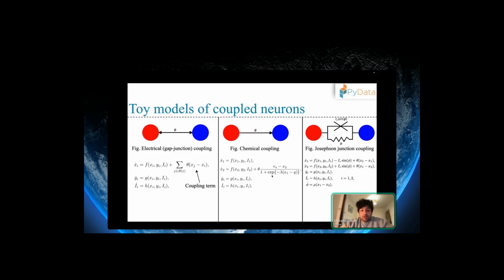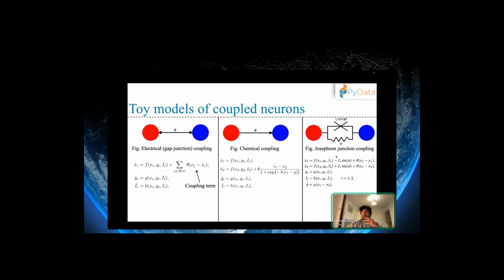It's a sigmoidal function that models the behavior of one neuron chemically coupled to the next. When I ran a time series analysis on the chemical coupling, it might give some unprecedented results as well, because, as I said, not all models are correct.